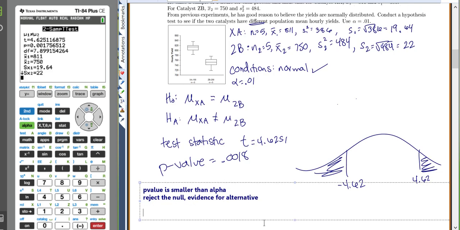So then what I write up for my boss is we found evidence that the population mean hourly yields are not the same for XA and ZB. Then at this point I would go back and investigate and say, well, okay, I know that they're different. Now let's try and figure out maybe which one would be better.